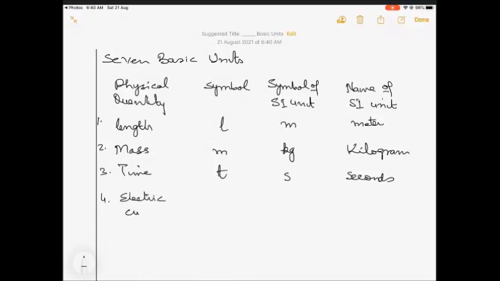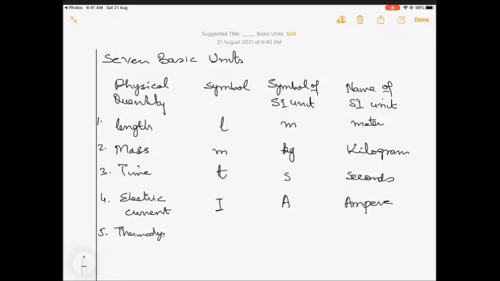Electric current, students, is I, as you will be studying in physics also, and its unit is A. A represents ampere. So this is the name. Then comes thermodynamic temperature. What is thermodynamic?